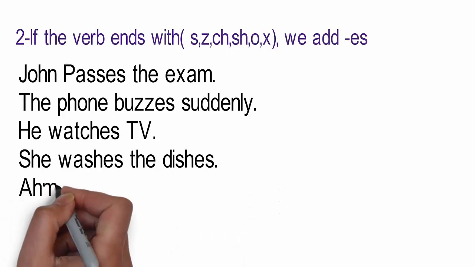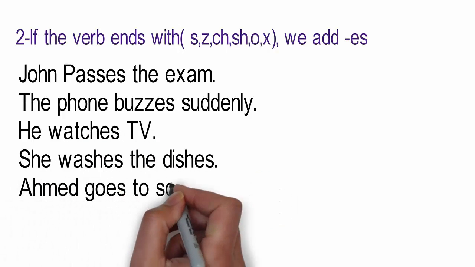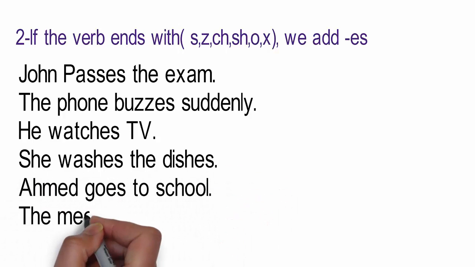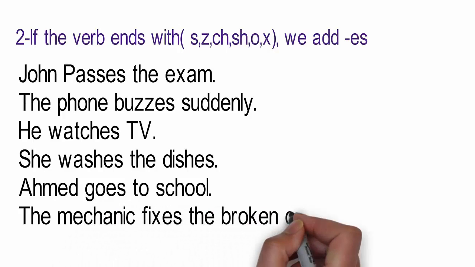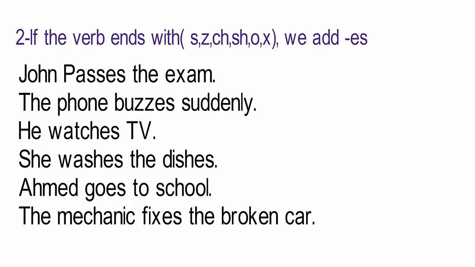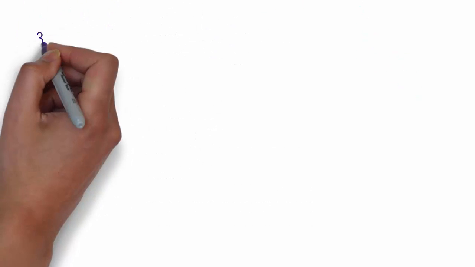Ahmed goes to school. The mechanic fixes the broken car. So, with these examples, we didn't just add s, we added es because the verbs end with these letters: s, z, ch, sh, o, x. Now it's your turn. Try to think of some verbs that end with these letters and add es to them.